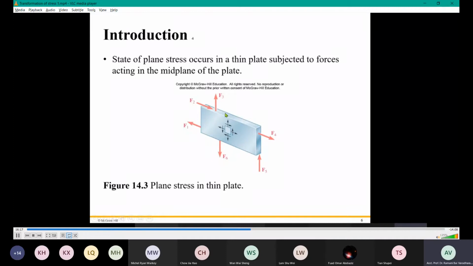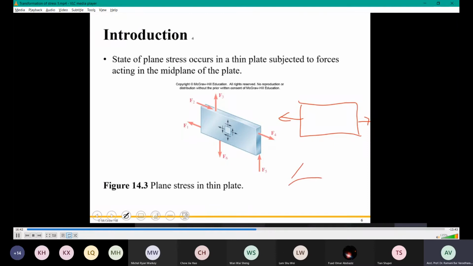I don't know why they confuse like this. Let me just draw for you. When the member is like this and is subjected to loading like this, axially, then it will have only plane stresses. It will no longer have shear stresses.